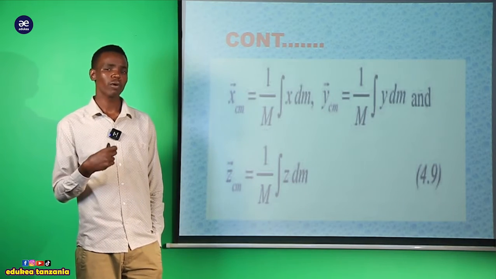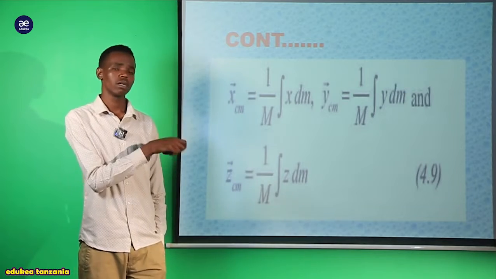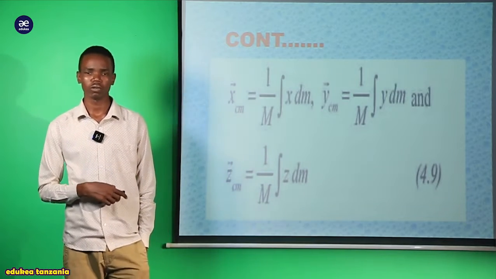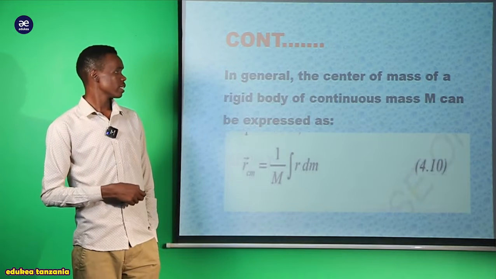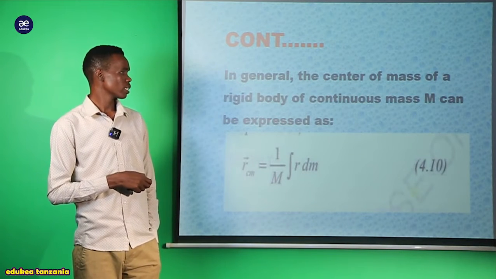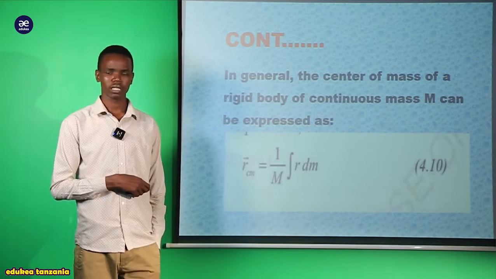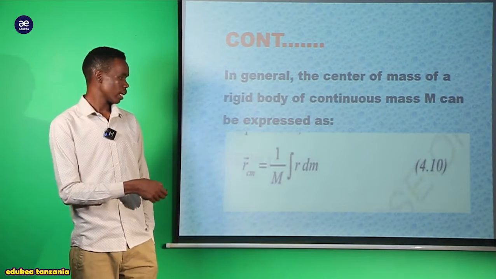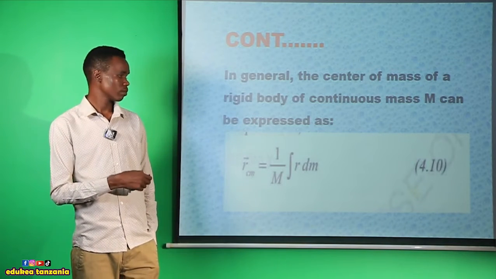Now when it is continuous, we should express it in terms of the integration, as we tried to see. So in general, the center of mass of the rigid body of continuous mass can be expressed as this one.